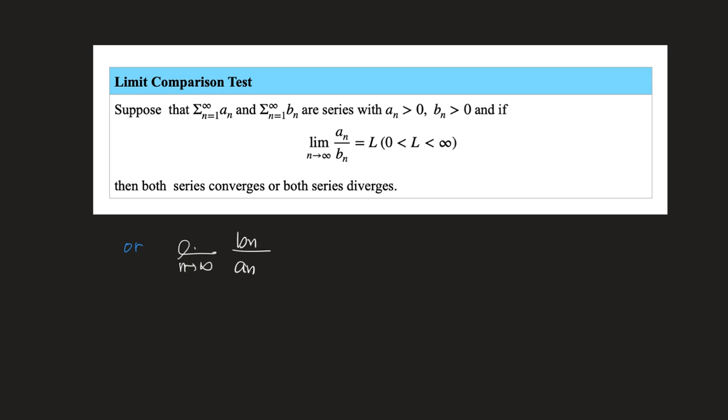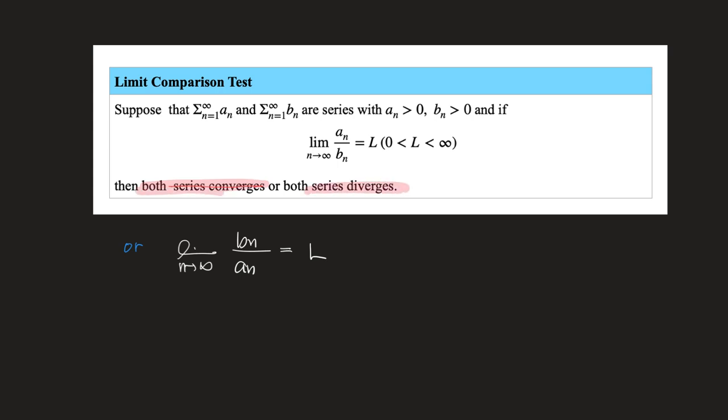It doesn't matter. You can use either one. If the limit is between 0 and infinity, then both series are going to be convergent, or both series are going to be divergent.